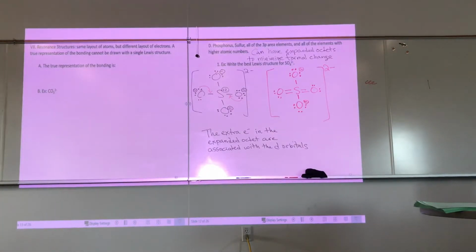And so one way to remember that, and again, closest to the truth that we're going to get in Chem 400, yes, the 3p area can place electrons in 3d and have expanded octets. What about the 2p area? Is there a 2d sublevel in this universe? No, and so they cannot have expanded octets.